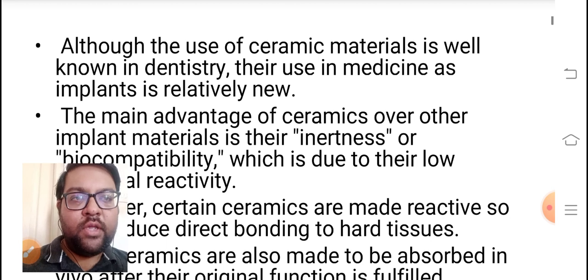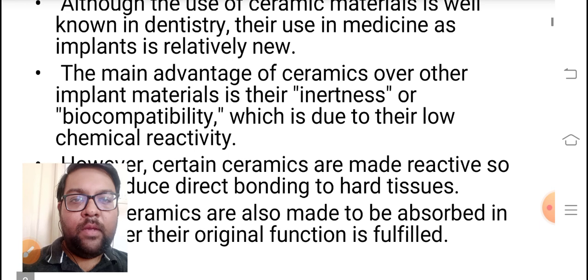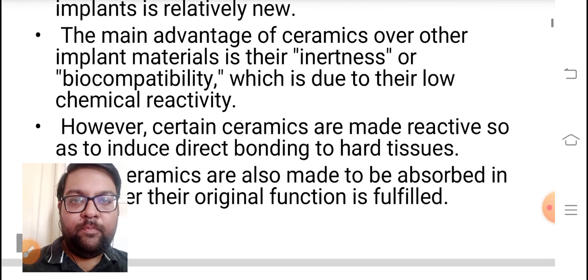The main advantage of ceramics over the other implant materials is its inertness, that is, the property of not being able to react with other compounds or elements, or its biocompatibility. It's friendly with our body, it does not create any negative reactions to the body because of low chemical reactivity.